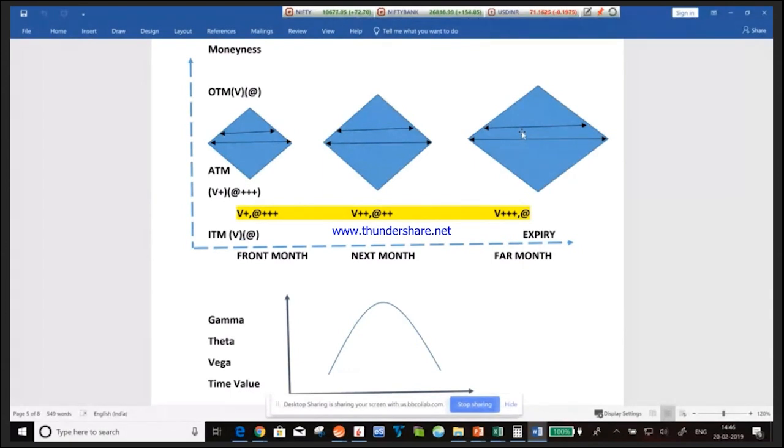Is this clear to you now? If you understand this right, you have understood Vega completely. So remember, Vega is highest in far months, least in the front month. Vega is highest for at the money and least as you go out of the money or deep in the money. So if I have to choose an expiry and a strike price, which expiry and which strike has the highest Vega exposure?